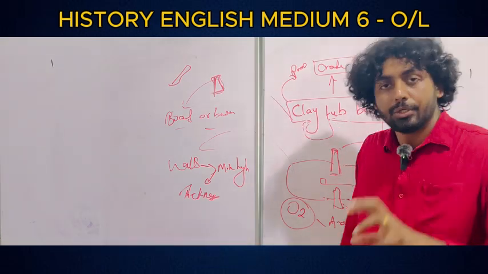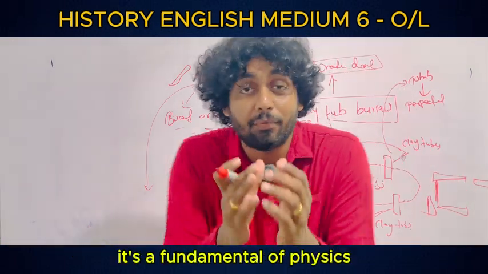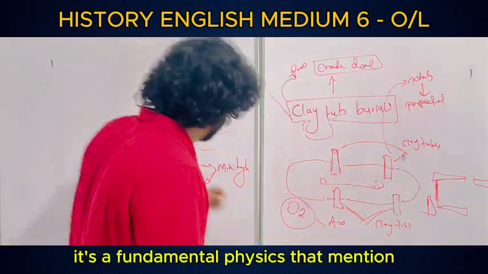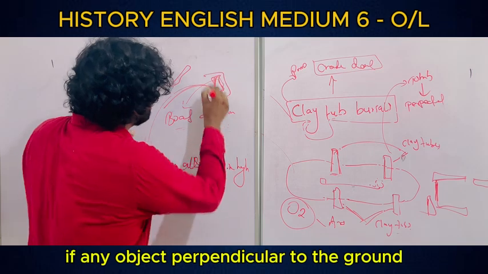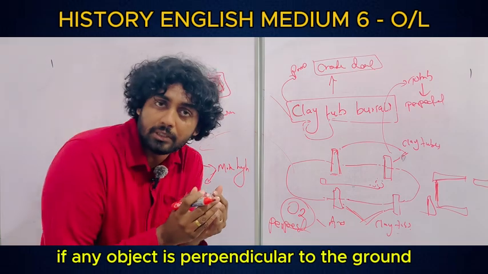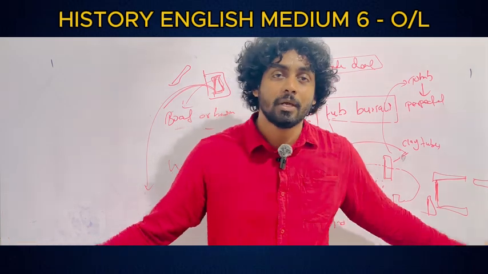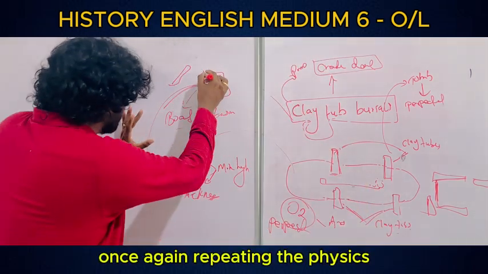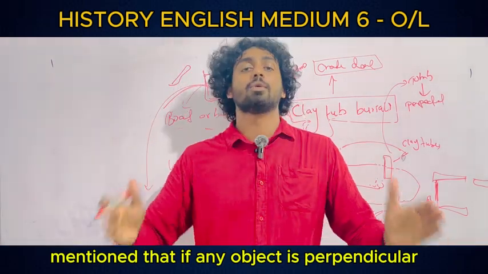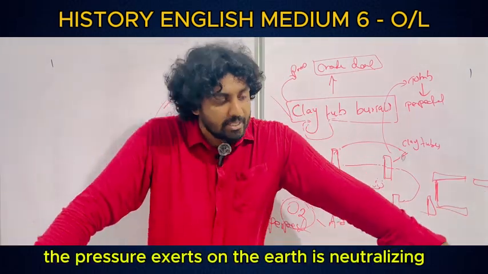Now you can see I am perpendicular to the ground, right? Not like this, but perpendicular to the ground. Why did they build the walls of the tomb perpendicular to the ground? Modern science explains it, a fundamental of physics: if any object is perpendicular to the ground, the pressure it exerts on the earth is neutralized.